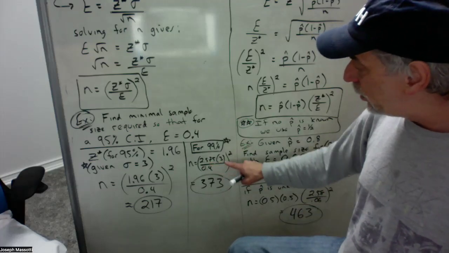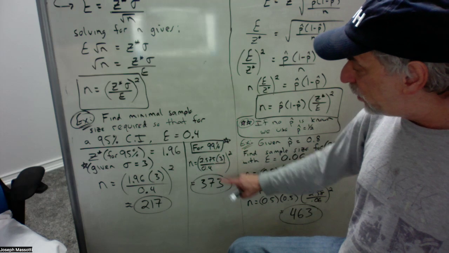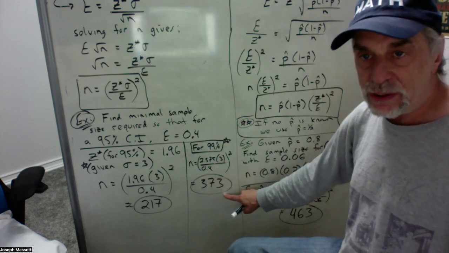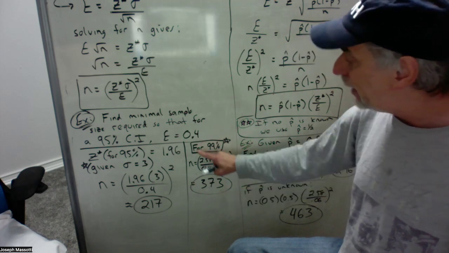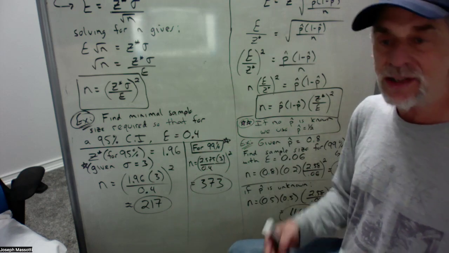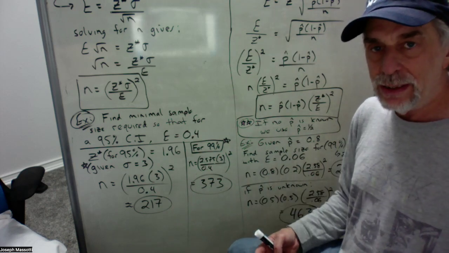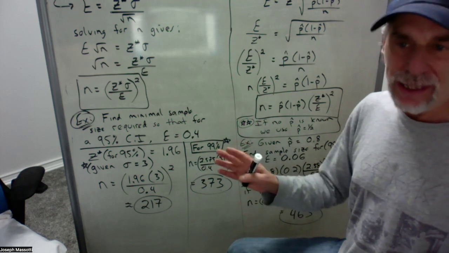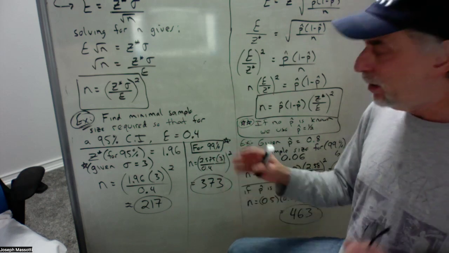But that's the z critical, sigma, desired margin of error. Notice now we're going to need more individuals in our sample for 99% than we did for 95%. That's always going to be the case. The more confidence you need to have, the more individuals, people, places, or things, that you're going to need in your sample.